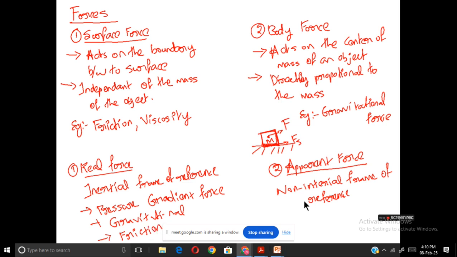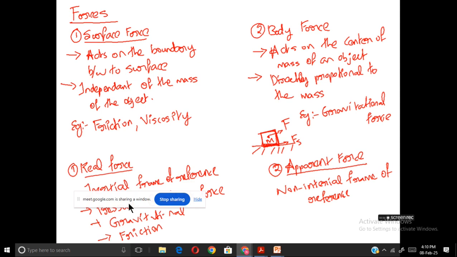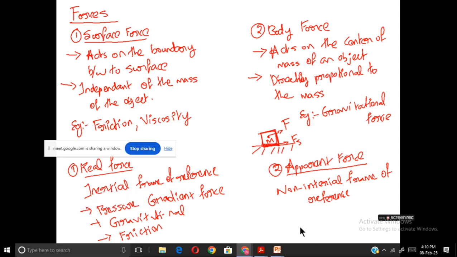And the examples of apparent force, which basically act in a non-inertial frame of reference, include Coriolis force and the centrifugal force.